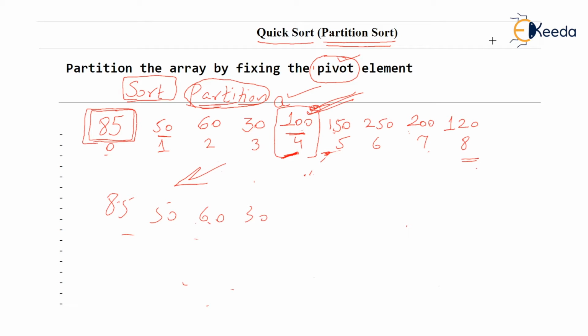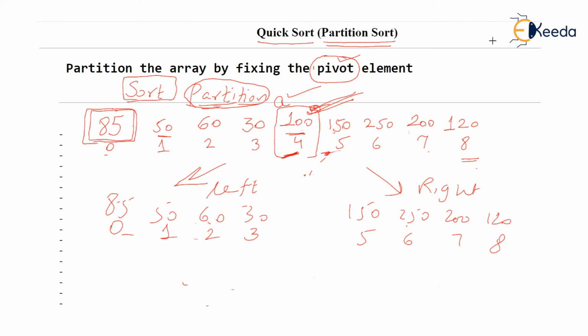We call it the left partition, and everything to the right of 100, that is 150, 250, 200 and 120, as the right partition. We call it the right partition. Now the element numbers over here are 0, 1, 2, 3, isn't it? So 0 to 3 is the left part, and 5, 6, 7, 8, that is 5 to 8, is the right part. You notice the fourth element is not taking part in any of the partitions because the fourth element is safe. We should never disturb it.